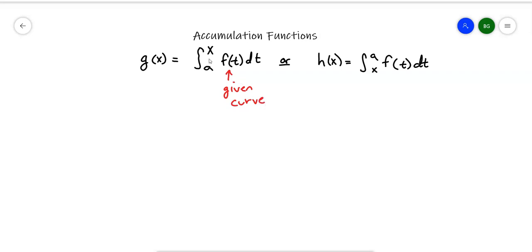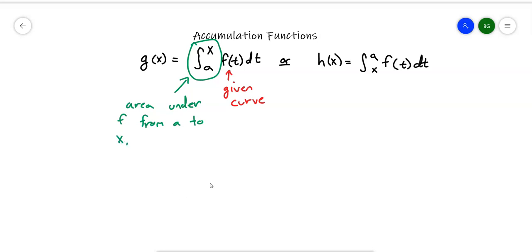And just remember that this symbol here basically just means find the area between these 2 points. So that would be the area under f from a to x.